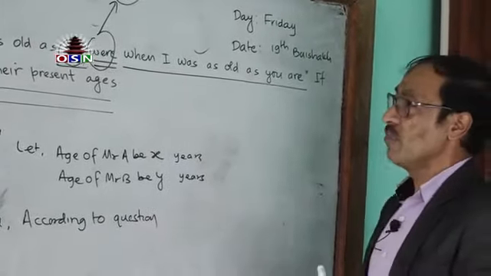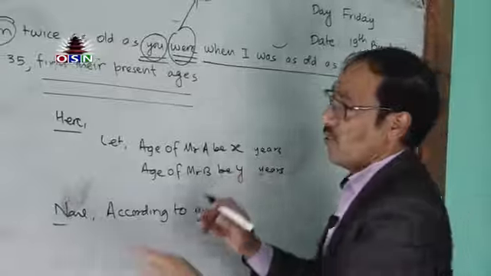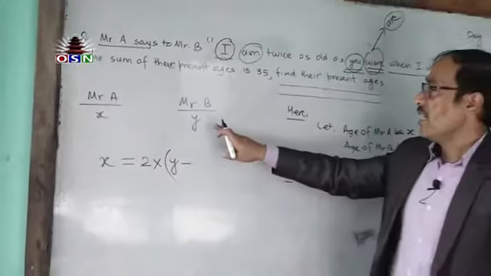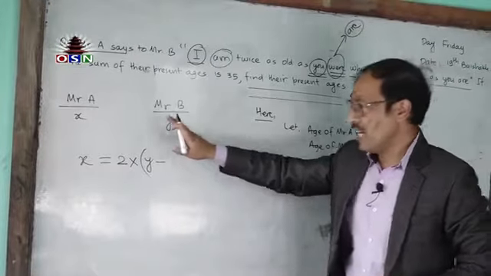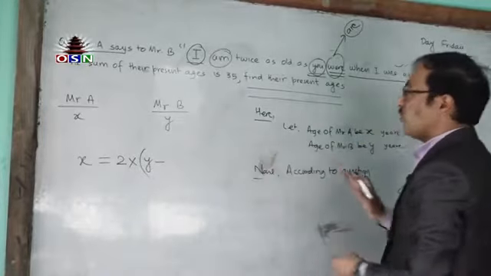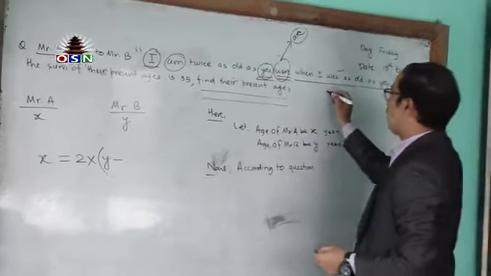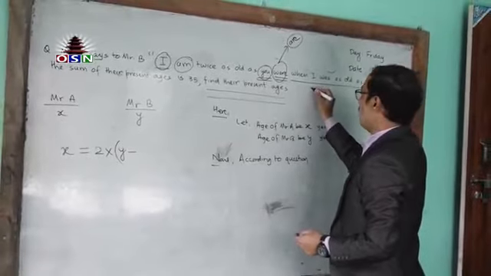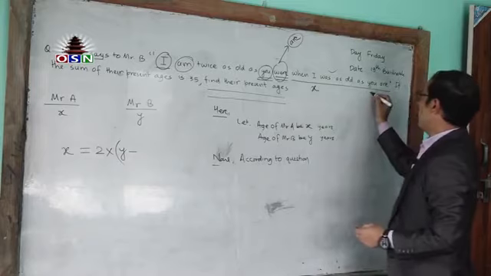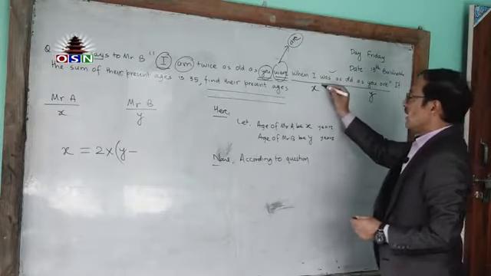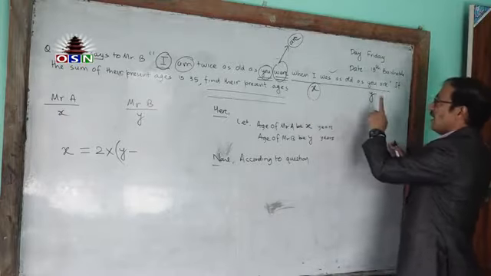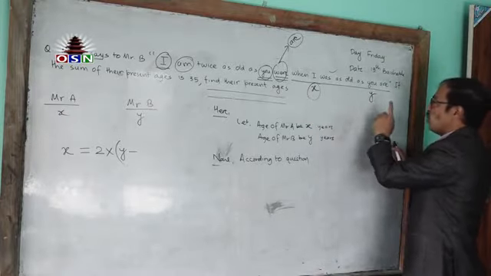"When I was as old as you are." When I was means when Mr. A was Y years. Let's suppose we know very well that Mr. A is X years now and Mr. B is Y years now, and Mr. A is elder, and Mr. B is younger.